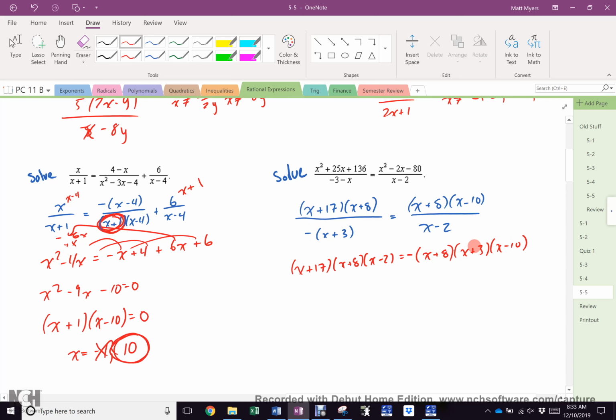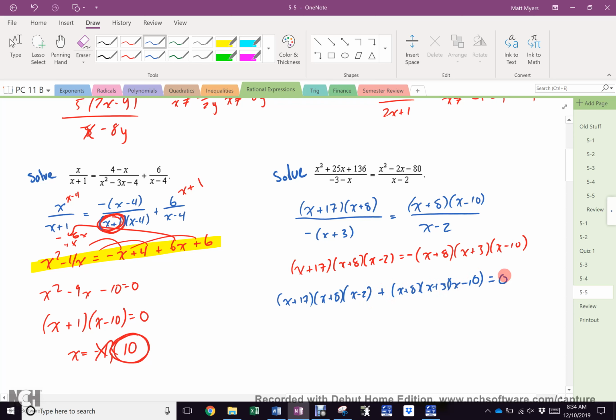But if this looked normal, like right here, what would we do? Well, we'd move everything to one side, right? So let's see what happens. X plus 17, x plus 8, x minus 2, plus x plus 8, x plus 3, x minus 10. Are we happy there?